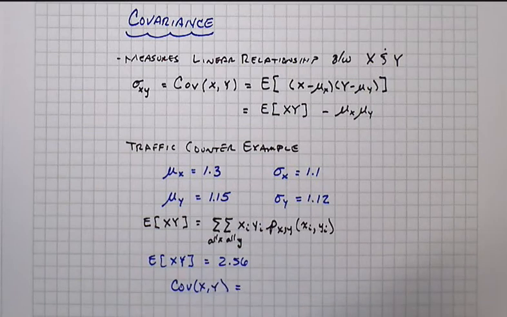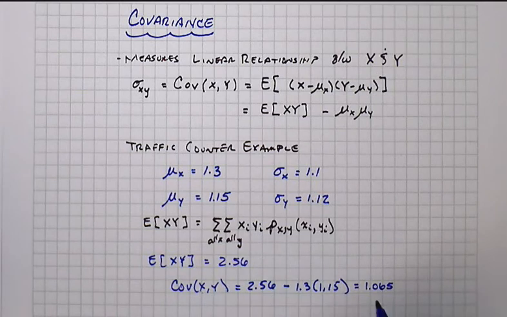So the covariance of xy is equal to 2.56 minus 1.3 times 1.15, and that will be equal to 1.065. A fabulous number that has units of x times y.